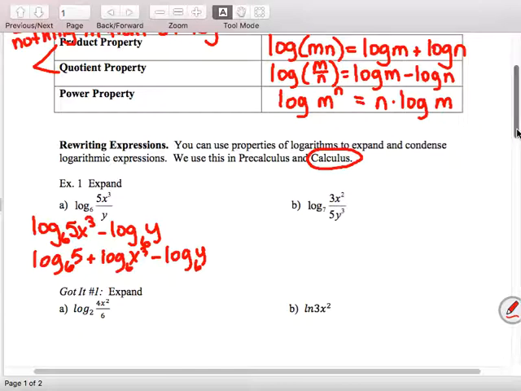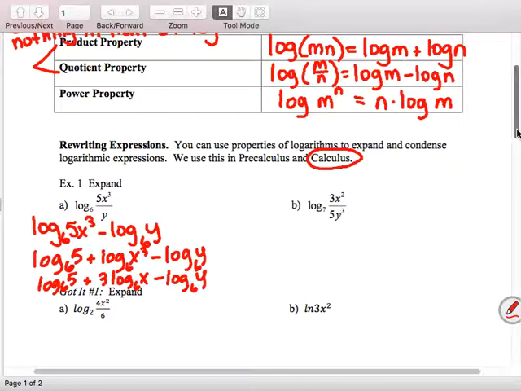So now, do you see that only the x cubed has a power that I can bring down? So my final expansion is log 5 base 6 plus 3 log x base 6 minus log y base 6.